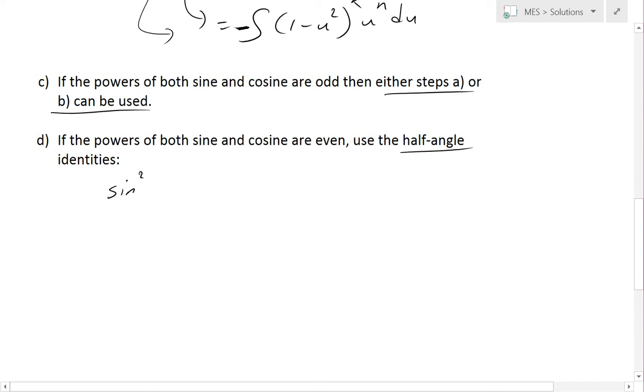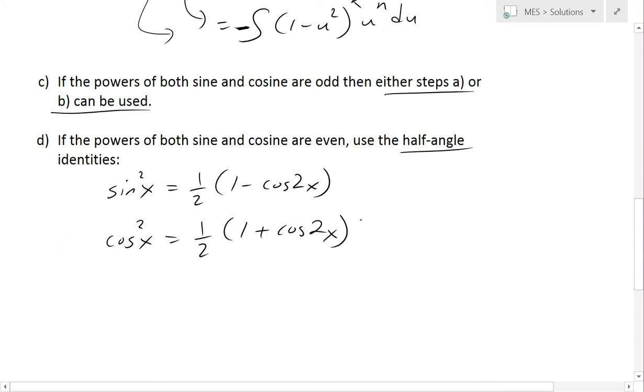Sine squared of x equals 1/2 of 1 minus cos 2x, and cos squared x equals 1/2 of 1 plus cos 2x. If you have a square, this reduces the power from 2 to no power. This is called half angle because the angle x is half of the angle 2x.